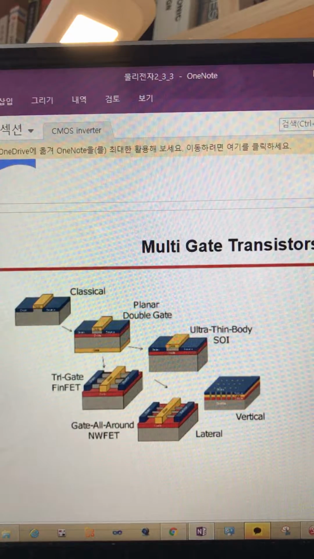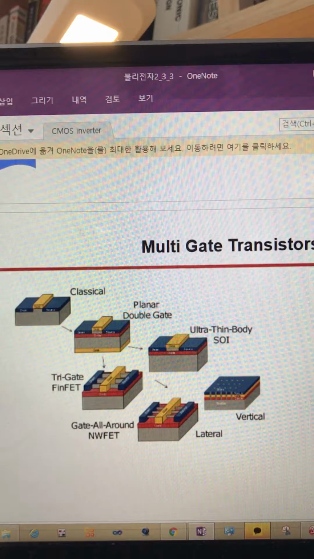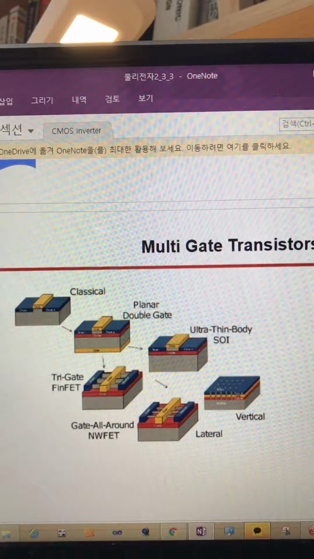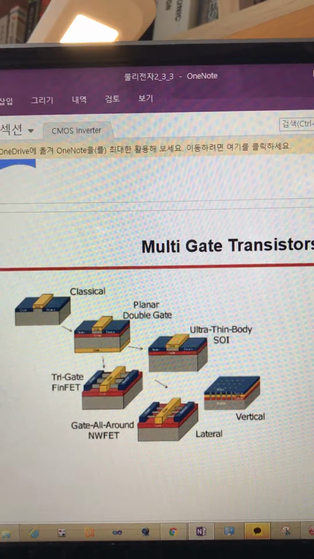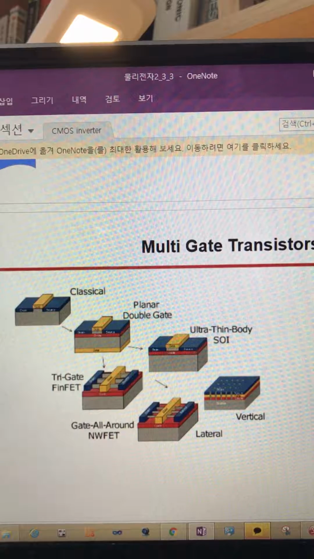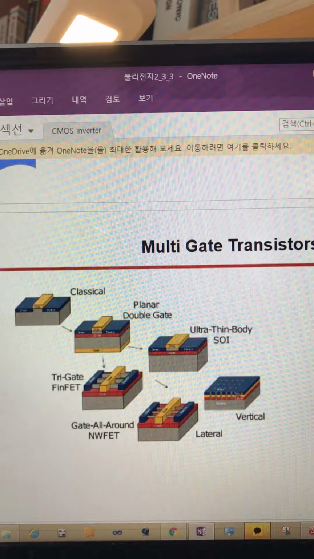There are various kinds of multi-gate transistors, and they have gradually developed from planar, double-gate, tri-gate FinFET, ultra-thin body SOI, gate all-around, nanowire FET, lateral or vertical.